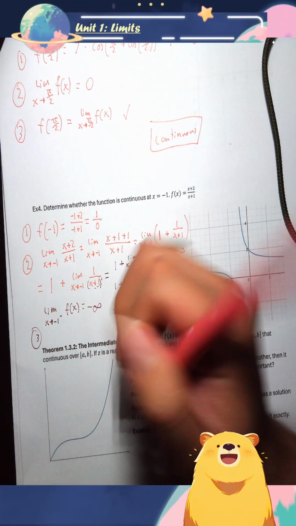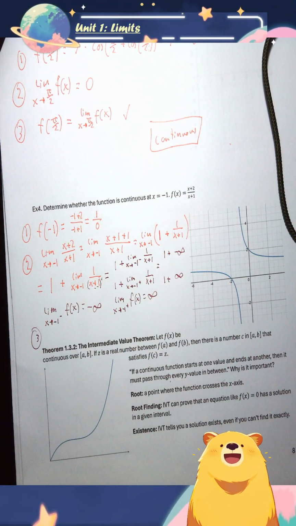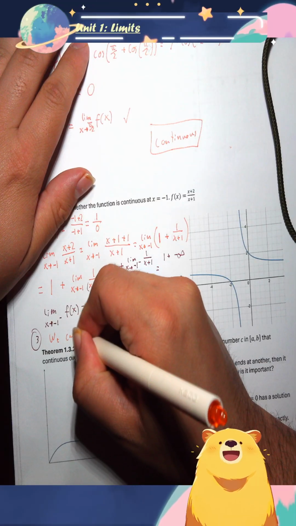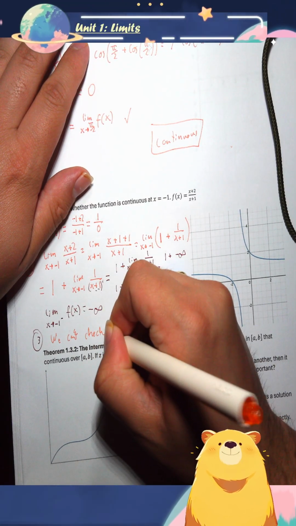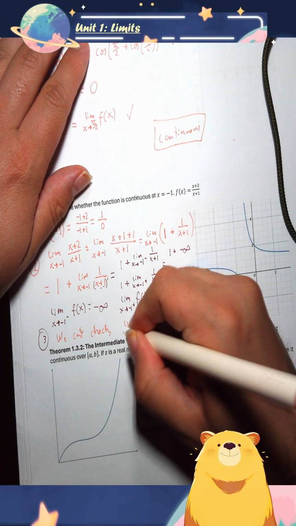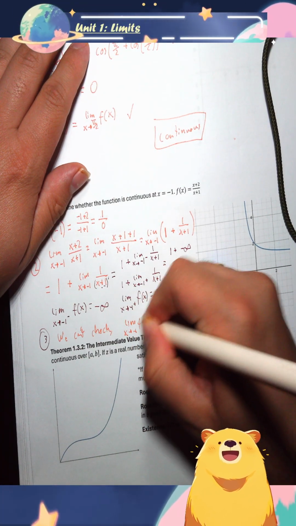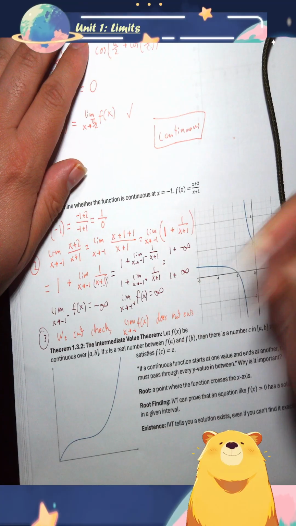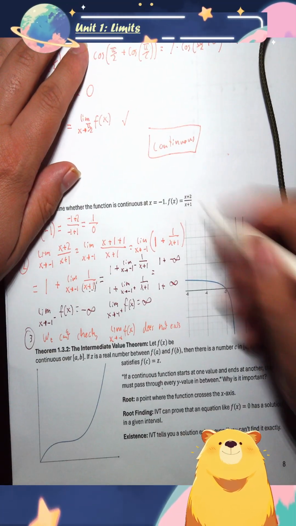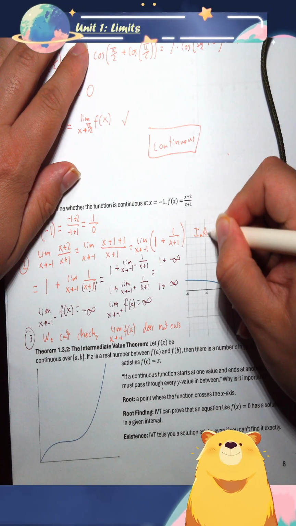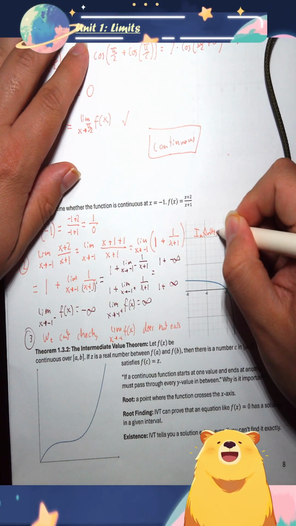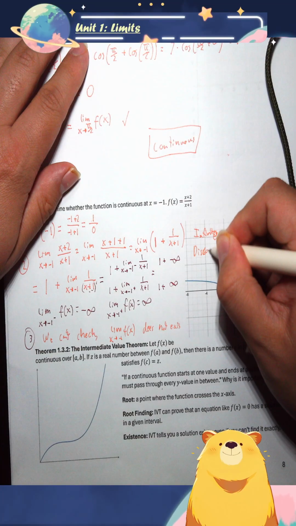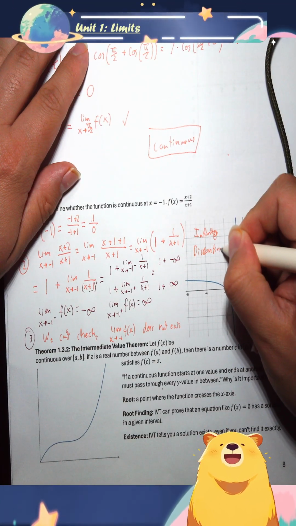So here we can say that the limit as x goes towards -1 of f of x does not exist. And here we have an infinite discontinuity.